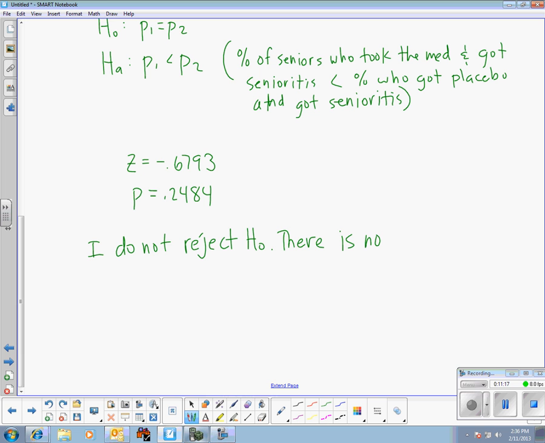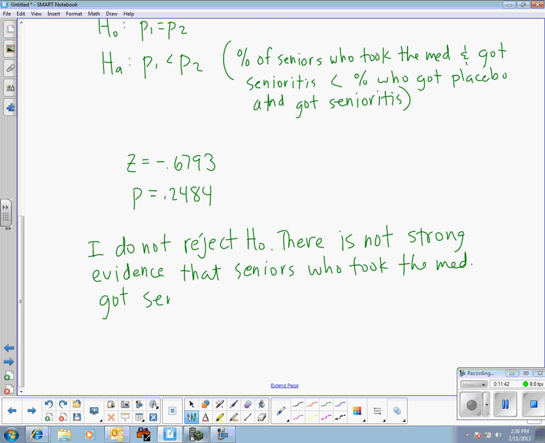There is not strong evidence that seniors who took the medicine got senioritis at a smaller rate than the control group.